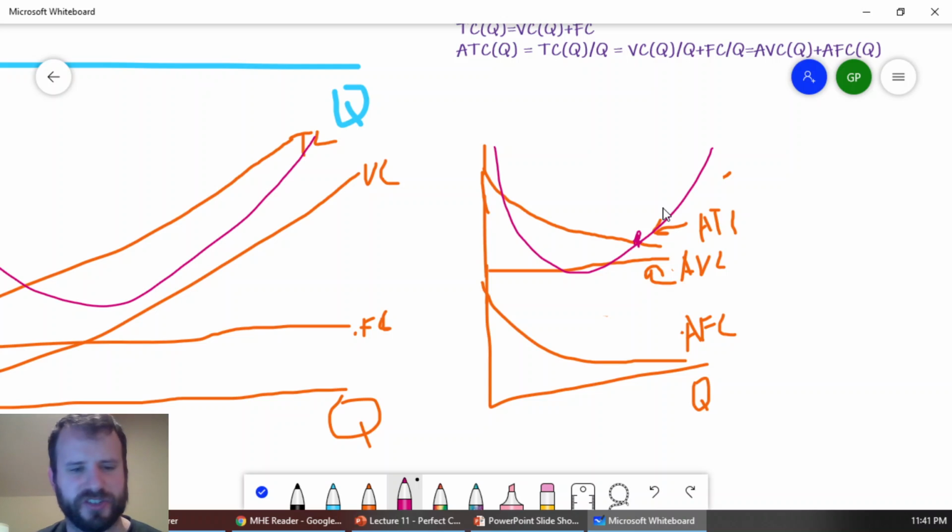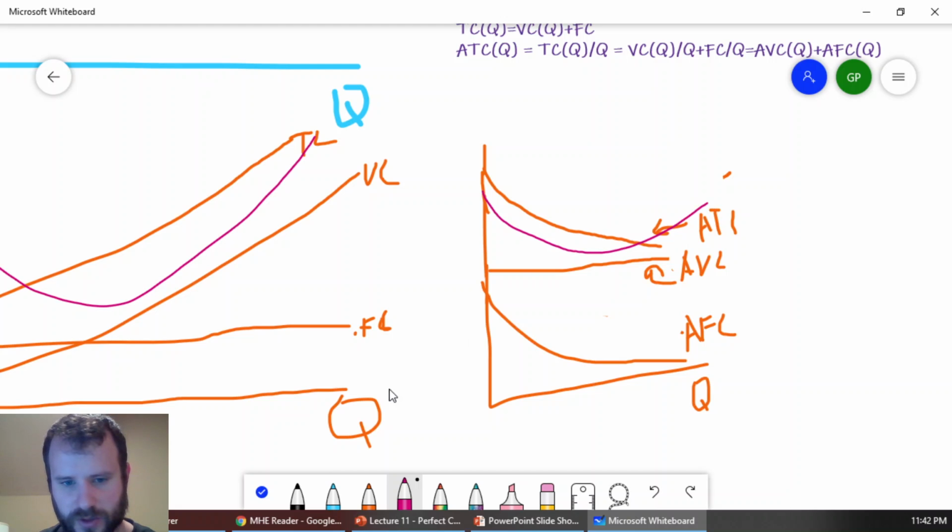I got a better slide in this last week, but basically, both of these should curve up a little bit.